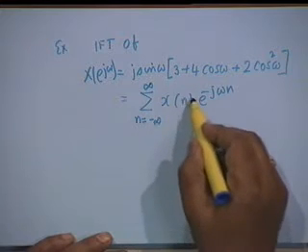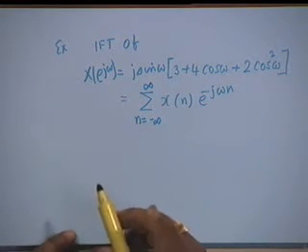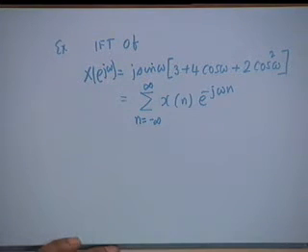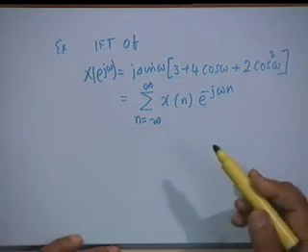All you require is to find out x of n, that is, the coefficients of e to the minus j omega n. This is an example where the integral should not be used, because you will land in trouble.